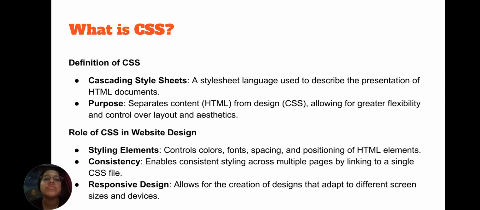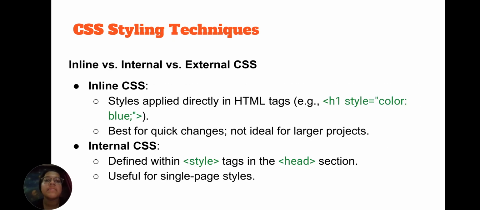Style: it controls color, font, spacing and position of HTML elements. Consistency: it enables consistent styling across multiple pages linked to a single CSS file. Responsive design allows the creation of designs that adapt to different screen sizes and devices.